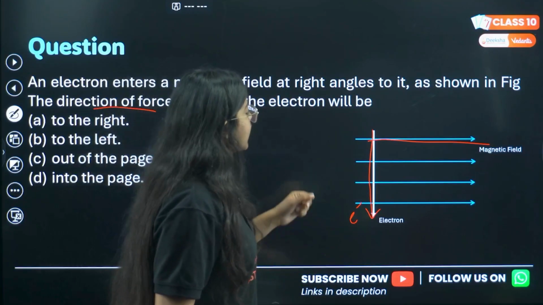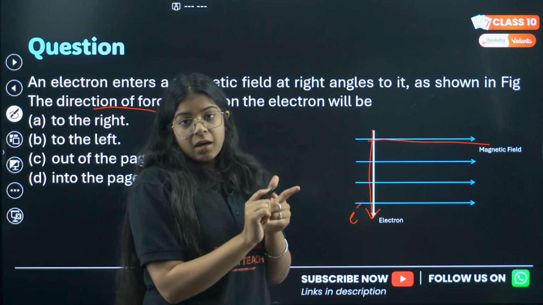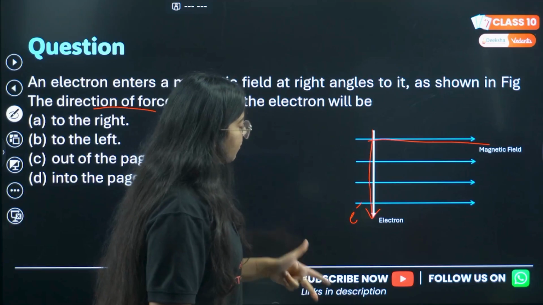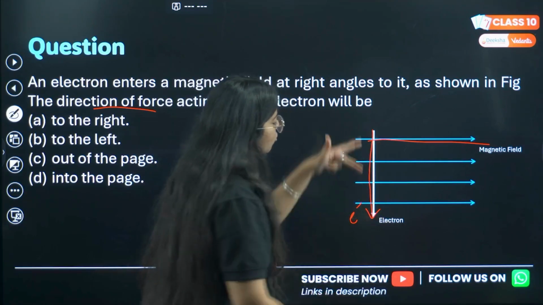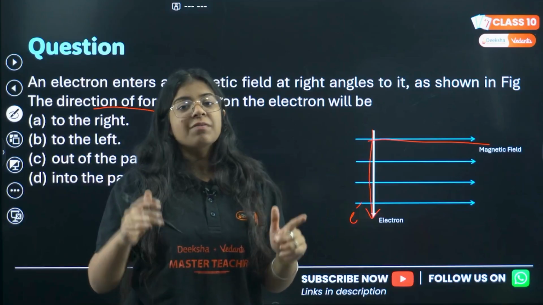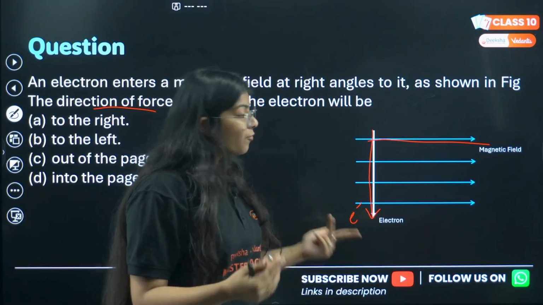So this is my left hand. My middle finger will be in the direction of current. Like for instance, this is an electron, so we know usually the direction of current is opposite to the direction of electron, but we need to know the direction of force on this electron.